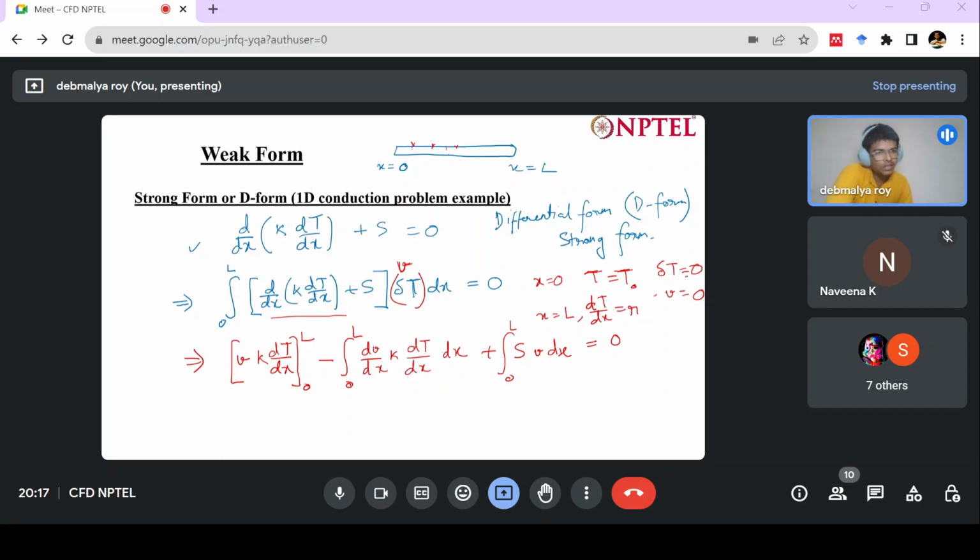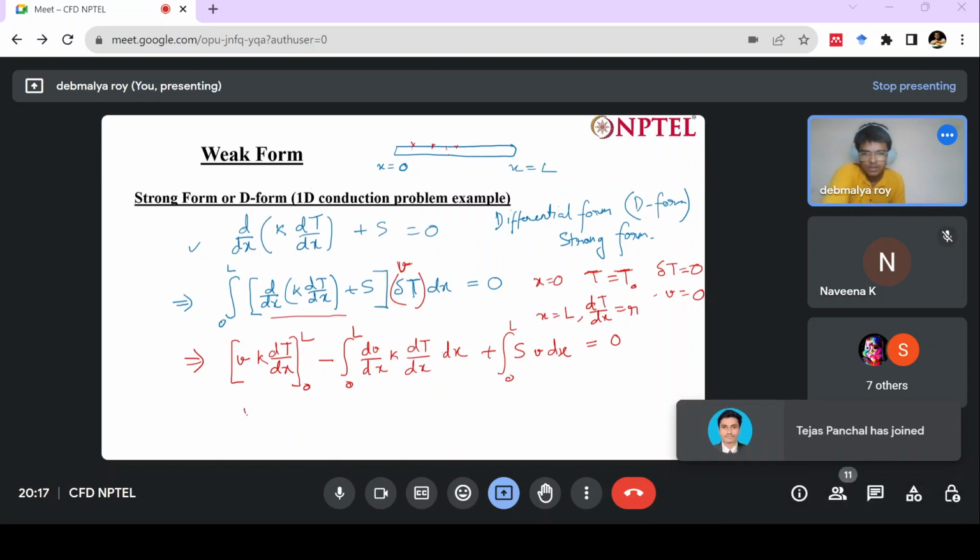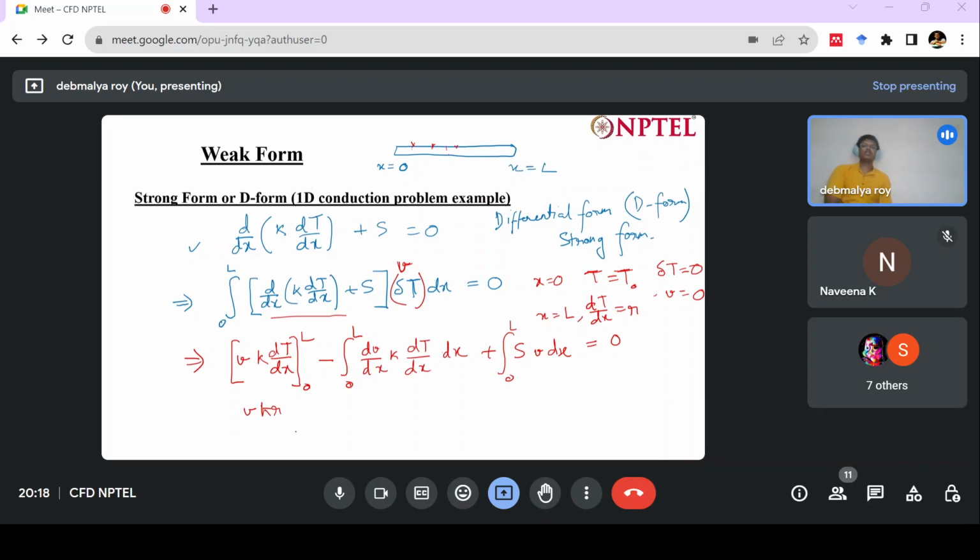Then this delta t will not be 0, v will remain, and we will simply have this v, we will put this value k into r, and go on solving this problem.